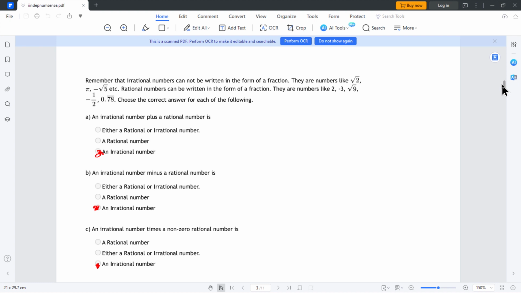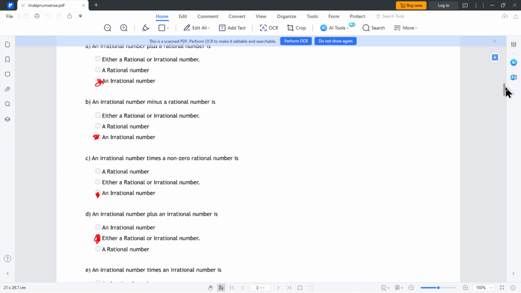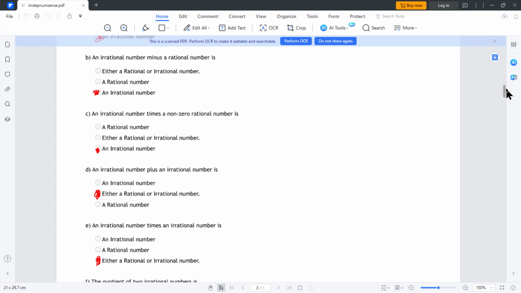In part B, an irrational number minus a rational number, okay, is still going to be an irrational number. So if you have pi minus 1, it's still going to be an irrational number. C, an irrational number times a non-zero rational number is going to be an irrational number.